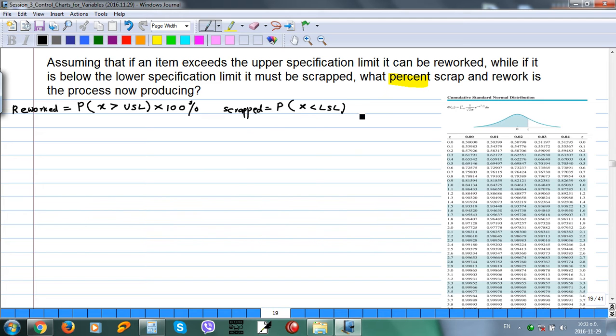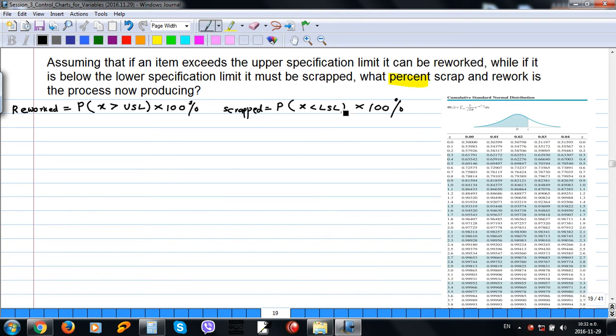And we are assuming these are normally distributed. So since these are normally distributed, we can find the probability of revoked.